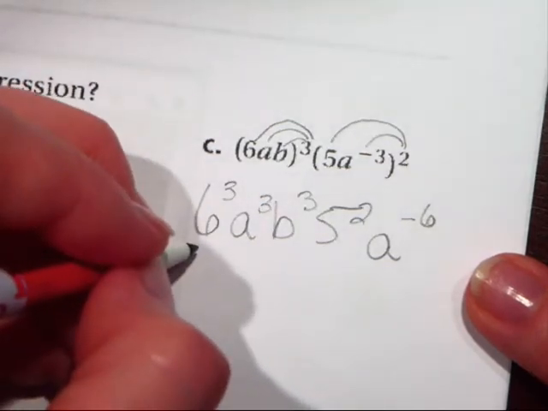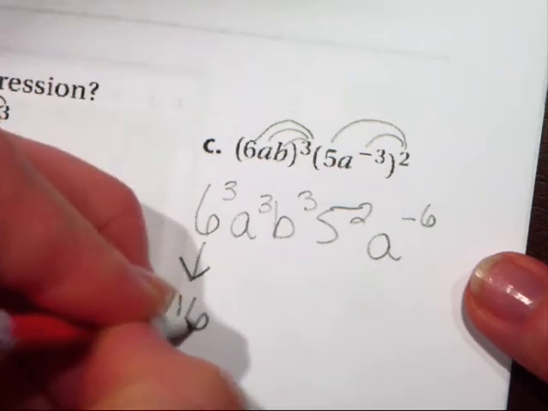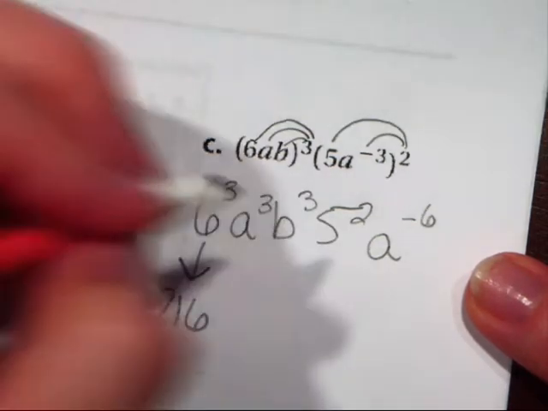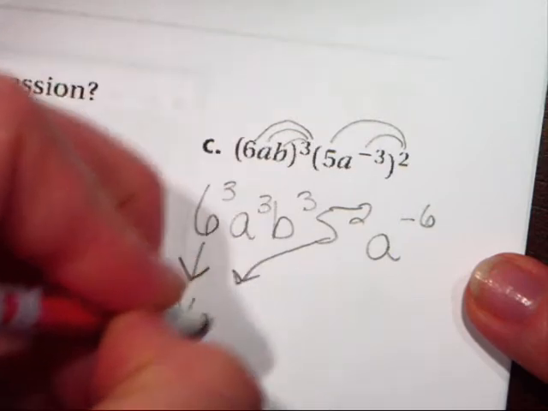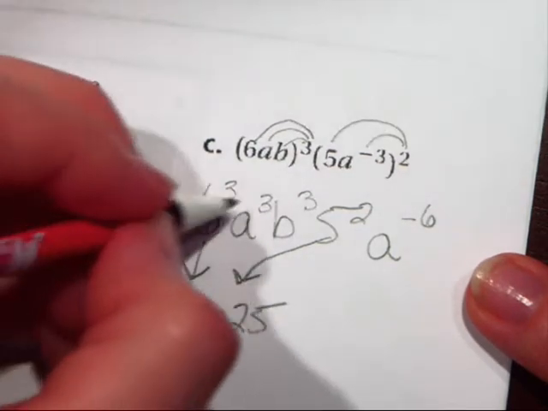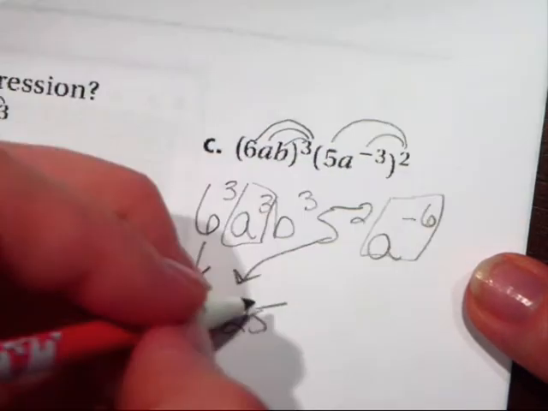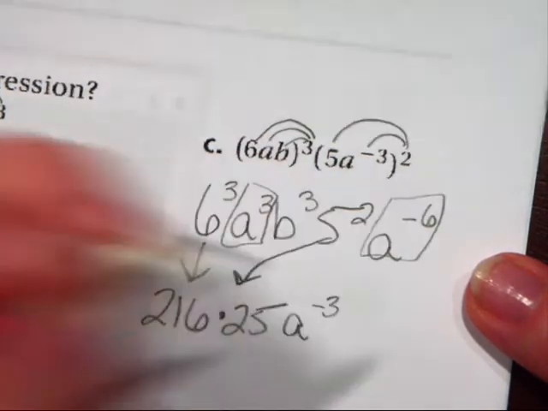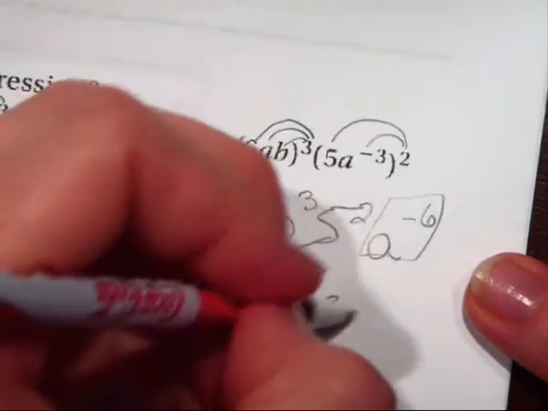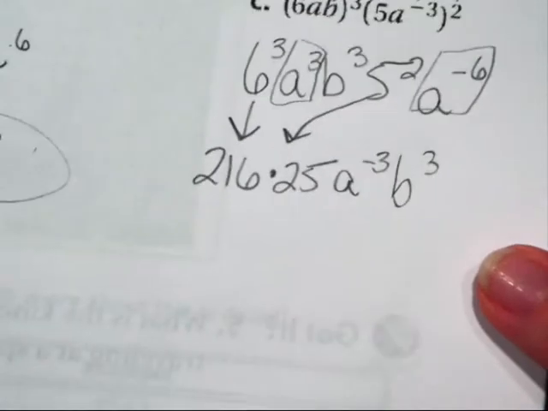Okay, let's see here. 6 to the 3rd is 216, because 6 times 6 times 6. 5 squared is 25. I'll end up multiplying those at the end. A to the 3rd and a to the negative 6 makes a to the negative 3 when you add. And you have b to the 3rd, just kind of chilling out.